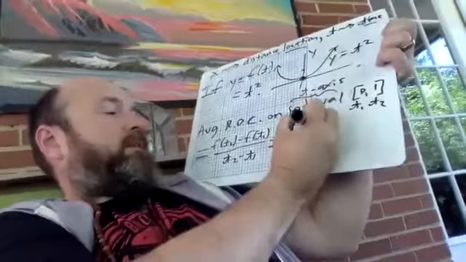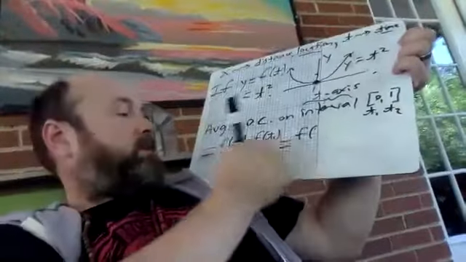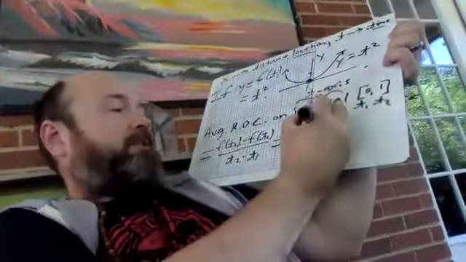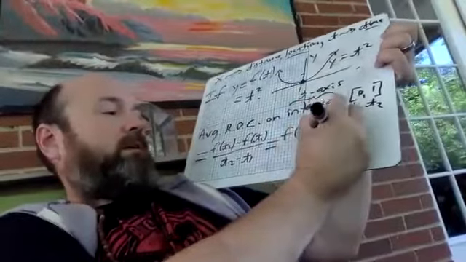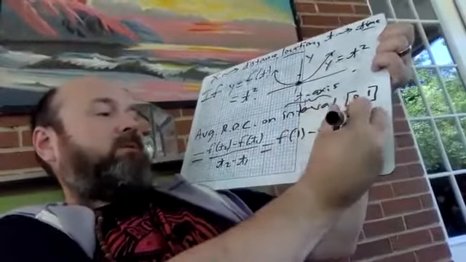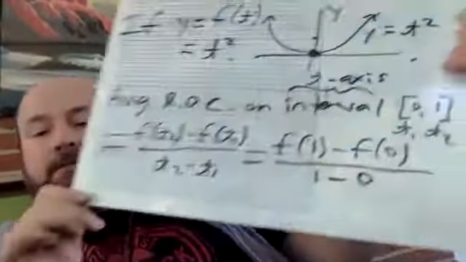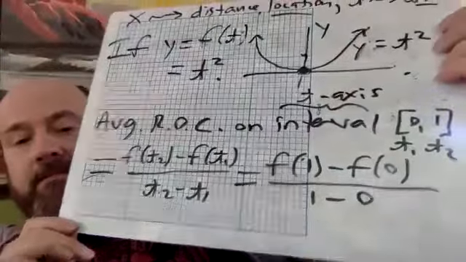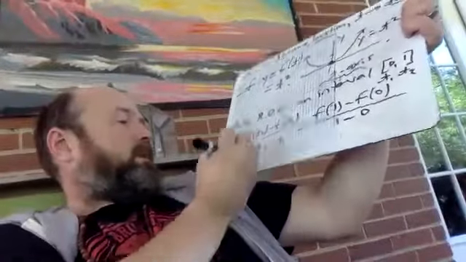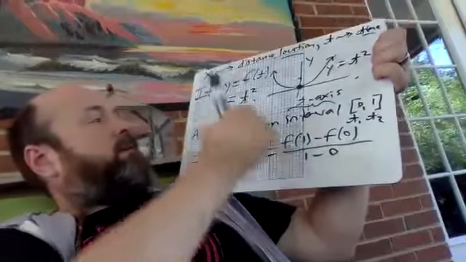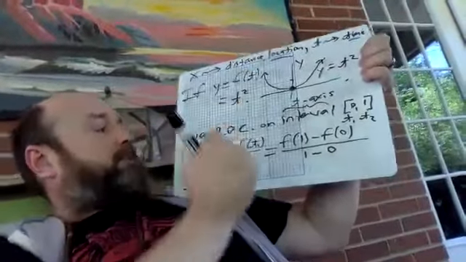So these are the steps to do this. You write down f of t2, that's f of 1, minus f of t1, that's 0, over t2, that's 1, minus t1, that's 0. That goes down kind of nicely. Okay, well, what is f of 1? f of t is t squared.